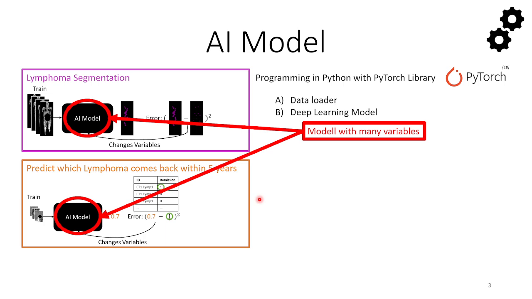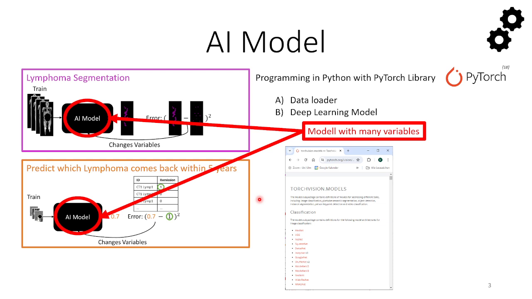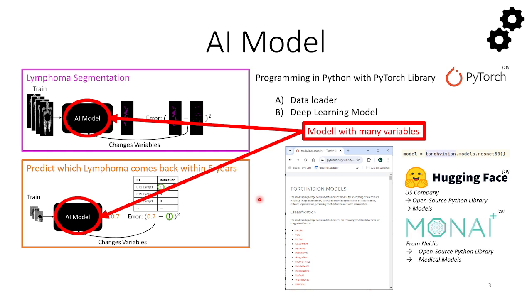PyTorch offers many deep learning models we can choose from, and if you don't find anything nice here, you can also look at Hugging Face. It's a US company which has an open source library for deep learning models. And then you can also look at Monai. That's also an open source Python library from NVIDIA, and they have many special medical models.